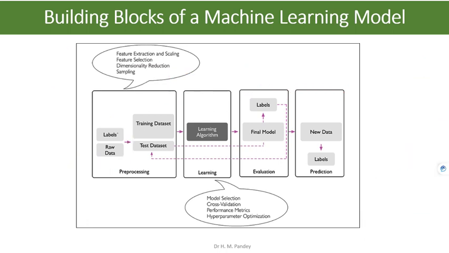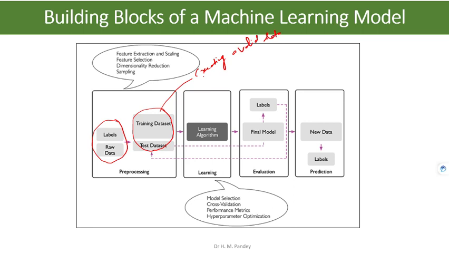In the last week, you worked on this part and applied some initial steps. This week, you are going to create a training dataset and a test dataset. This process is called creating a valid dataset.